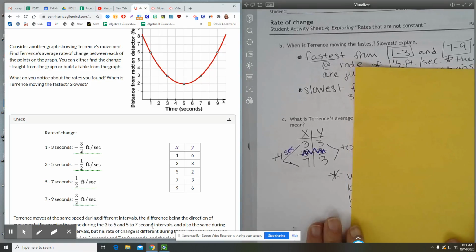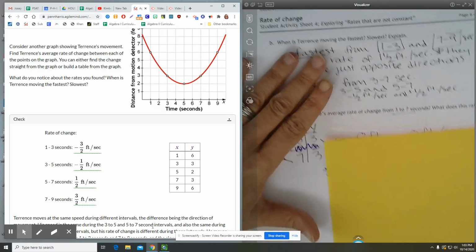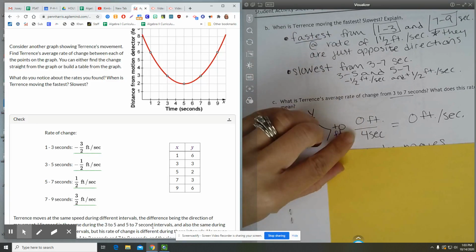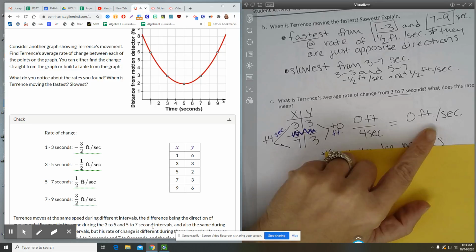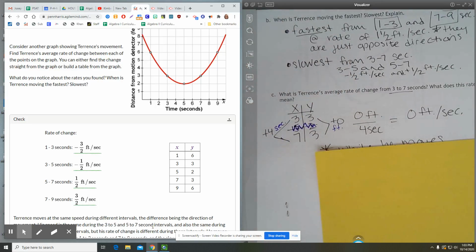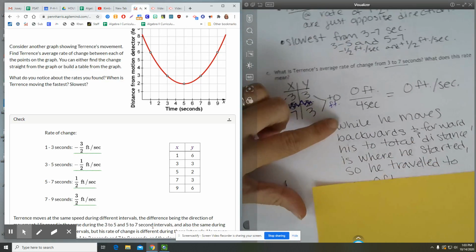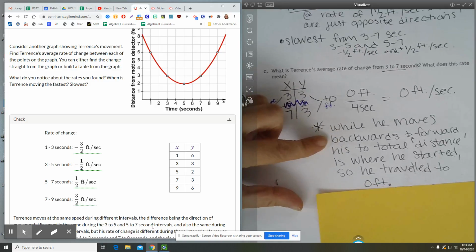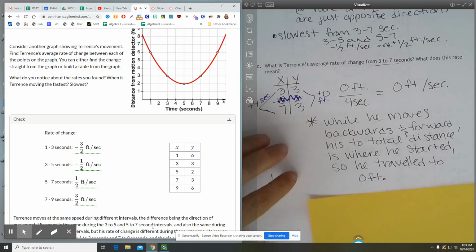From 3 to 3, that's a difference of 0 feet. 0 feet in the course of 4 seconds means that he averaged 0 feet per second. Now, did he move? Yes, he moved. But what was his total distance changed between that time? 0 feet. While he moves both backwards and forwards, his total distance is where he started to where he traveled to, which was 0 feet.